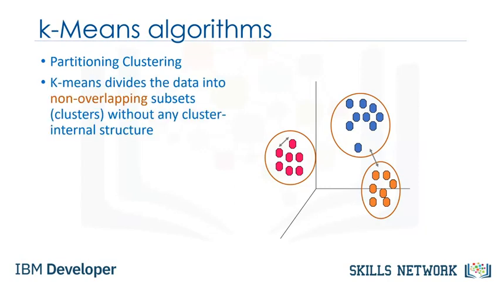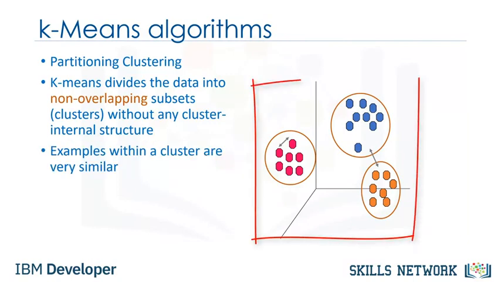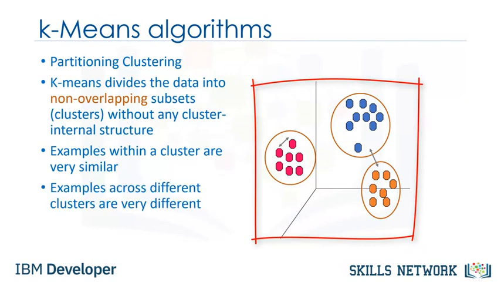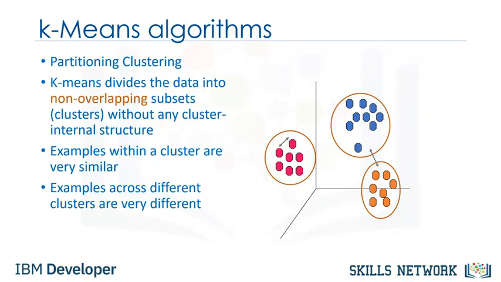That is, it divides the data into k non-overlapping subsets, or clusters, without any cluster internal structure or labels. This means it's an unsupervised algorithm. Objects within a cluster are very similar, and objects across different clusters are very different or dissimilar. As you can see, for using k-means, we have to find similar samples, for example, similar customers.